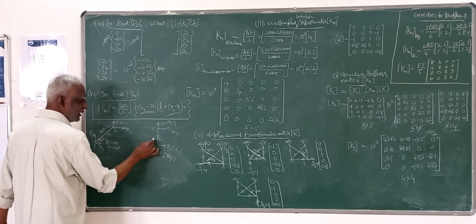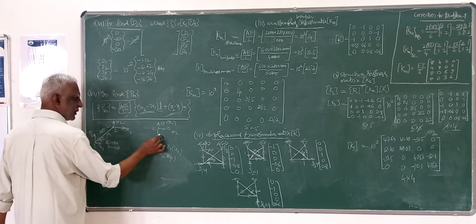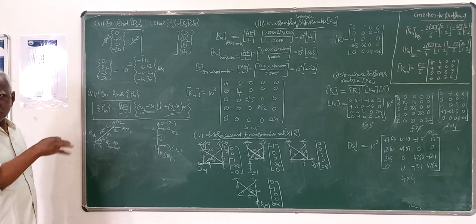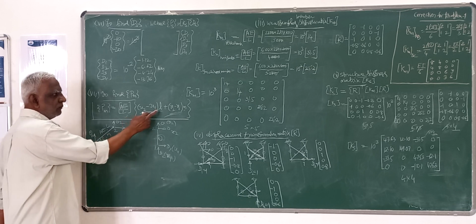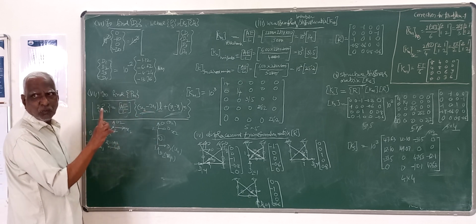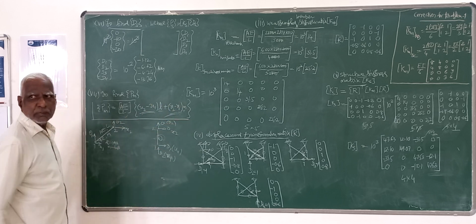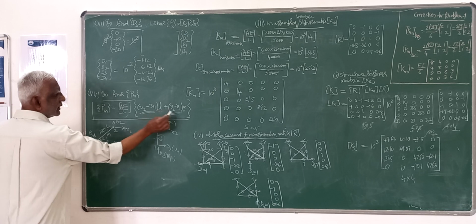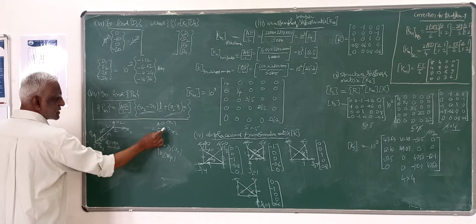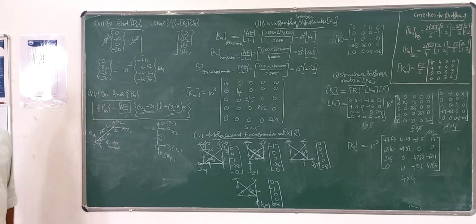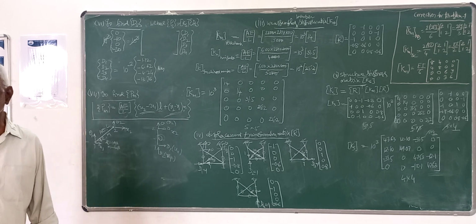Here theta is measured with respect to the horizontal, 90 degrees, so L is cos 90, which is 0, and M is sin 90, which is 1. Like that, for all the members you can compute L and M, and with the displacements computed in step 6, you can find the member forces. That's all.